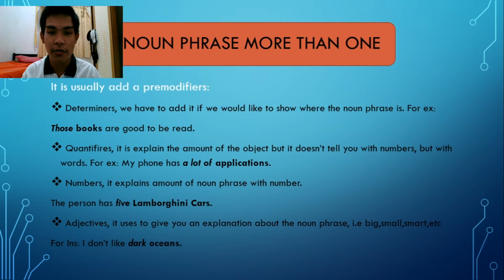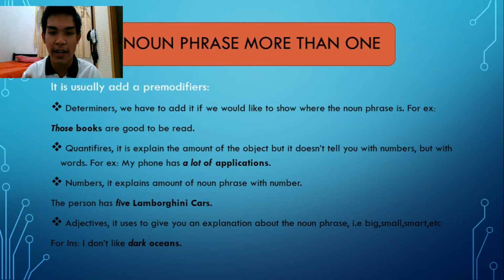Have you already known that it will be different if we put noun phrase more than one? So we have to add four modifiers. So the first is determiners. We have to add it if we would like to show where the position of the noun phrase is, such as those books are good to be read.